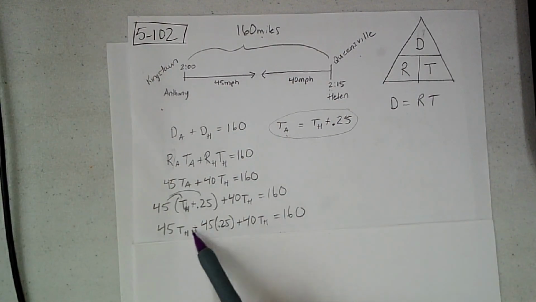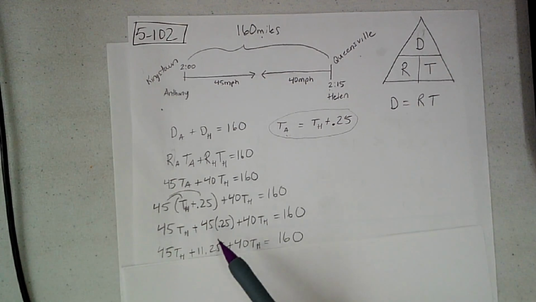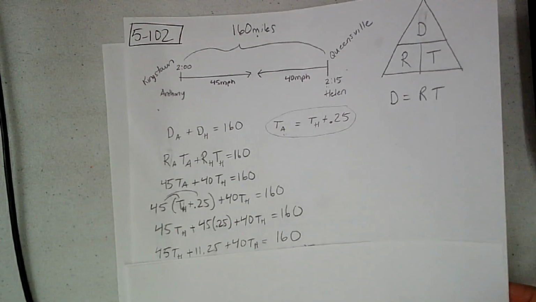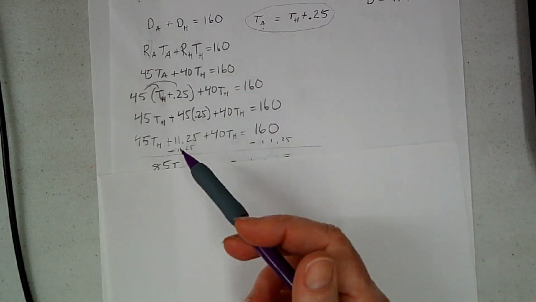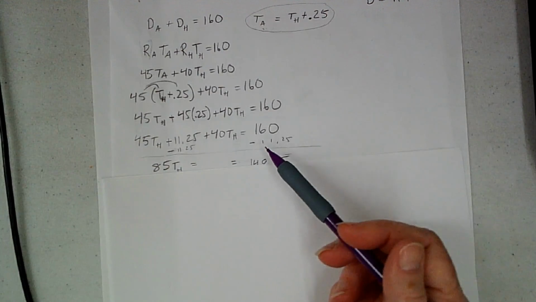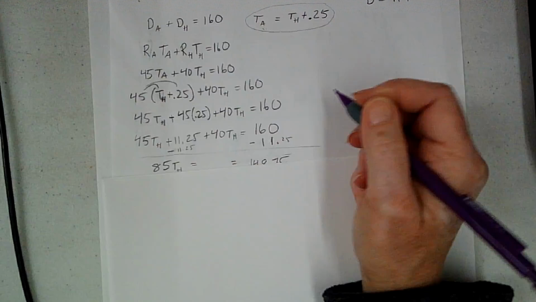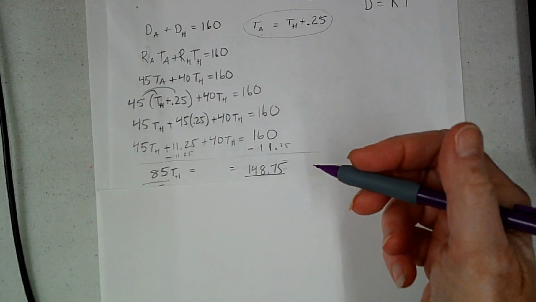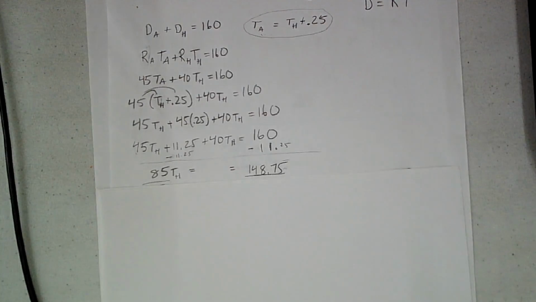So I just distributed, and then it turns out that 45 times 0.25 is actually 11.25, so I did that work. And then I subtracted 11.25 on both sides. And then I combined the 45 and the 40 to get 85, because those are like terms.